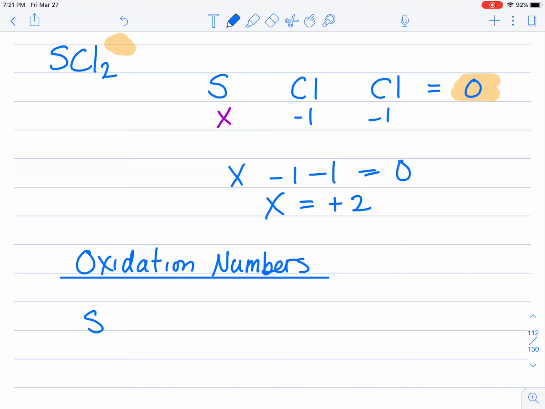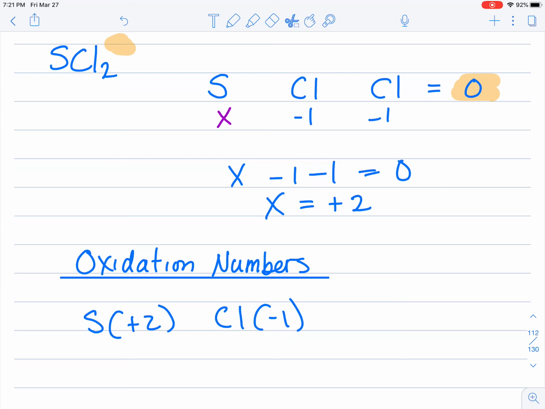And I'm going to say sulfur is a plus 2 and chlorine is a negative 1. Now sometimes students ask, well, hey, what if I've got 2 that I'm not sure about? And what I'm going to promise you is in these kinds of problems, you'll only get 1 that you have to figure out. The rest of them will all be their predictable charge or oxidation number.